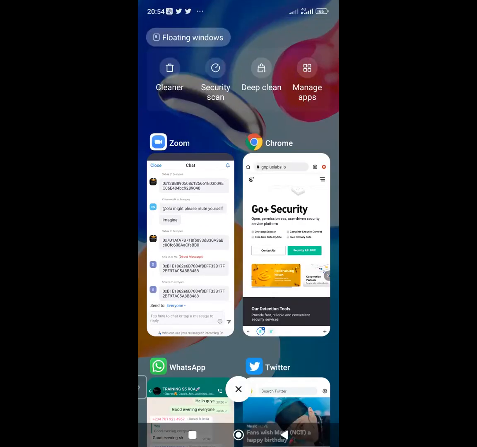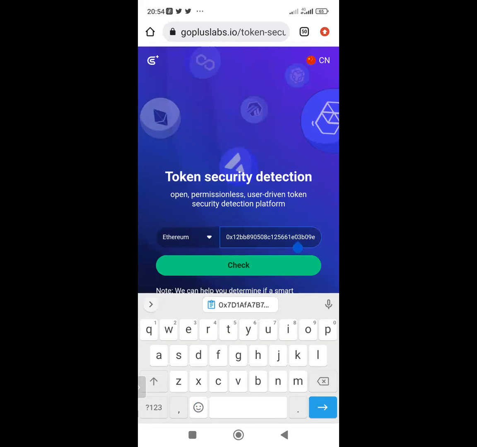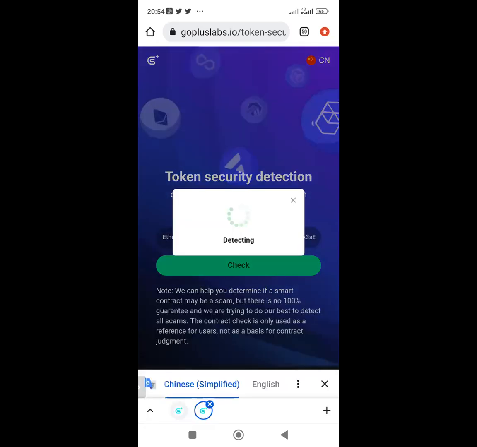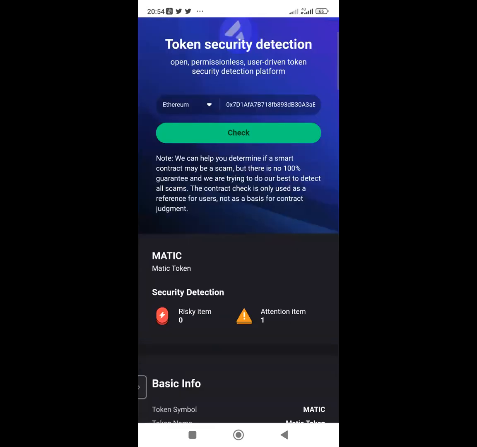Okay, now let's see it. Which blockchain is that one? Scar, it's an Ethereum blockchain. Ethereum, okay, now I'm pasting it. Good, I say check. I'm scrolling down. It's Matic.